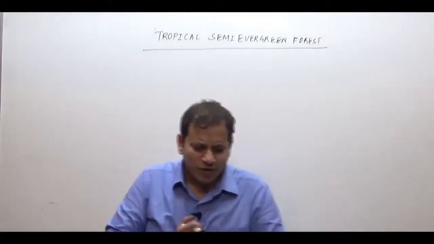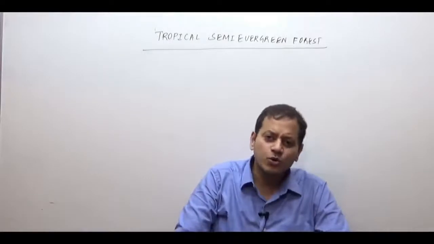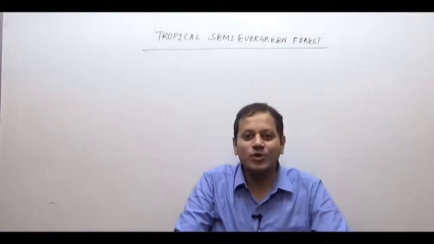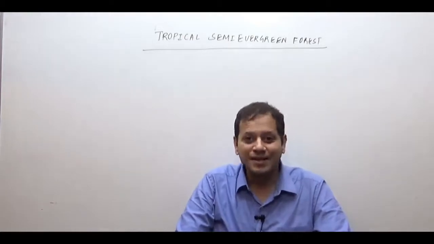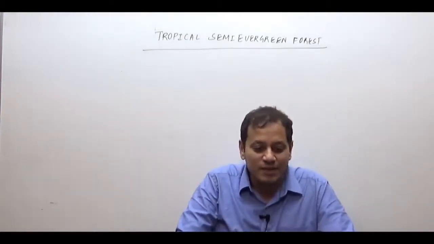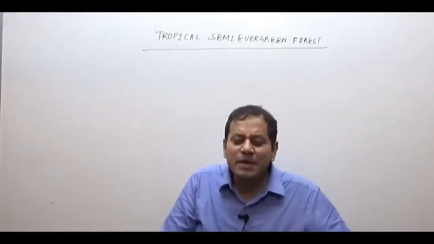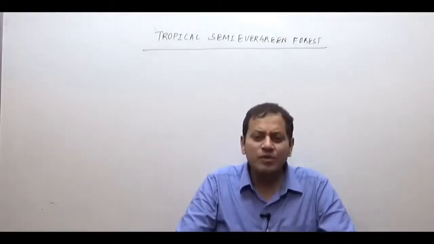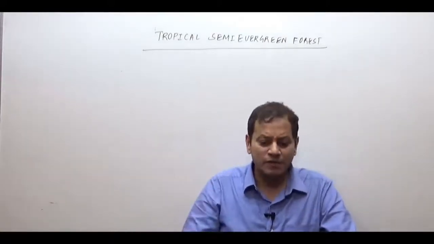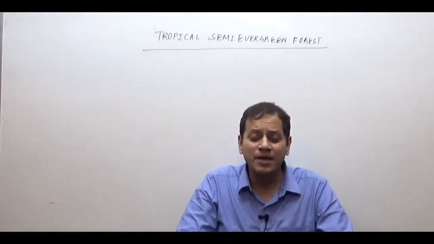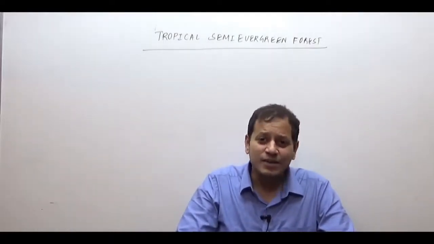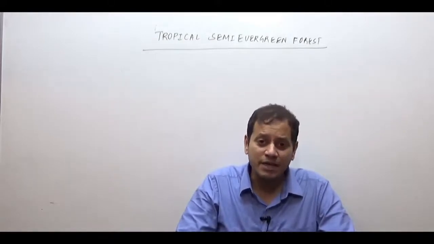That is, a mixture of some trees which can grow throughout the year, and some trees which cannot grow throughout the year. That is why we say semi-evergreen. Now, where will these regions be found? The semi-evergreen forests are found in the less rainy part of these regions, surrounding the evergreen forest, where you get less rainfall.